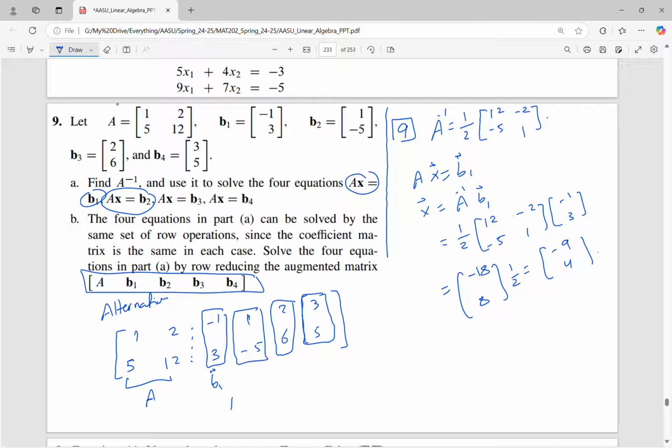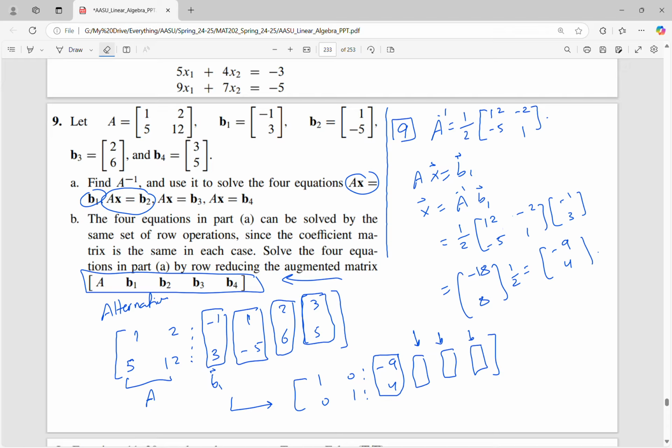Now, if you apply the row operations, you will reach something like this. This will be the solution of AX equals B1, this will be the solution of AX equals B2, AX equals B3, AX equals B4. So this is just a comment that you can solve these systems in one step as one augmented matrix.